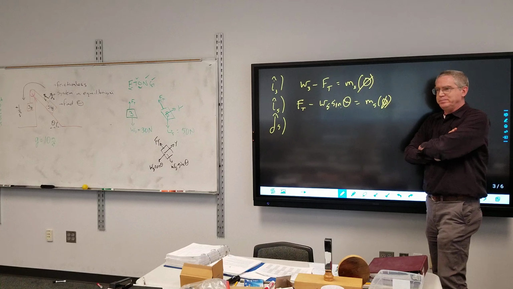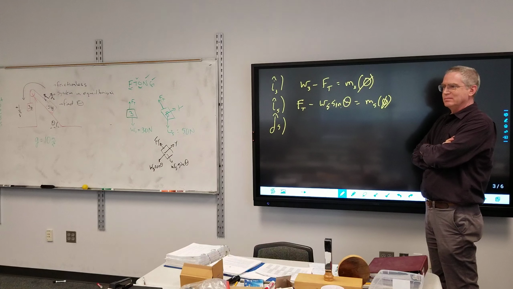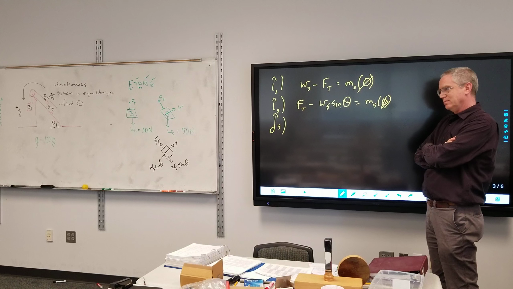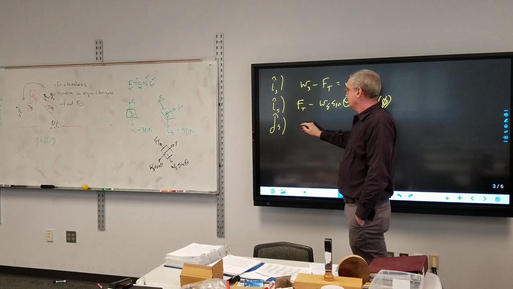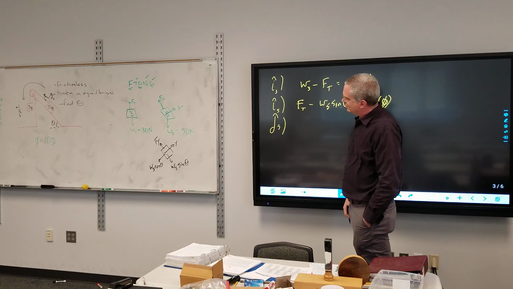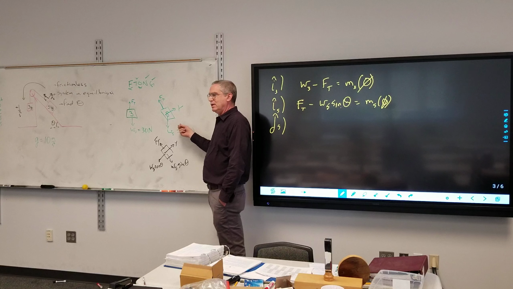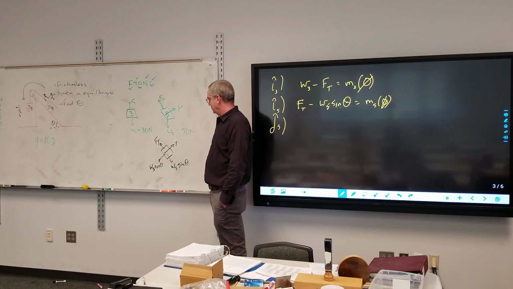And one more to go. W5 is equal to W cos theta plus W sine theta.